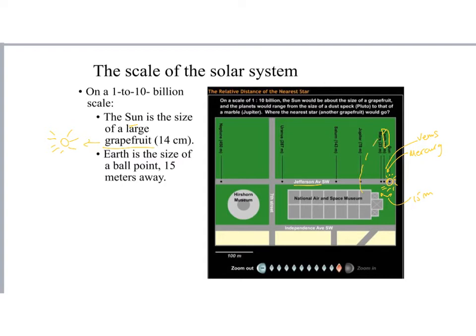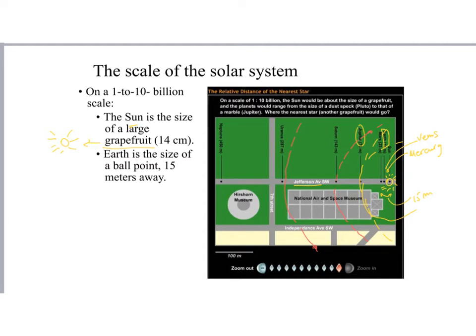So this is basically how big the radius of the orbit of Jupiter is relative to the Sun, and then you have the radius of the orbit of Saturn, and so on. So these are radii, and the planets are just anywhere on these orbits.